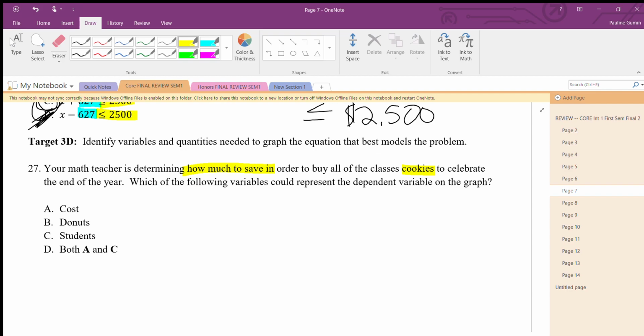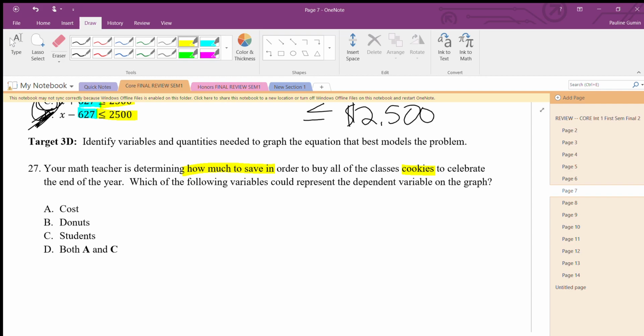So, what depends on the other? Let's think about this. Does the amount of cookies she buys depend on how much she saves? Well, if we only save like 20 bucks, that's only 20 bucks worth of cookies, and that's all I can give out, and not everyone will get a cookie.